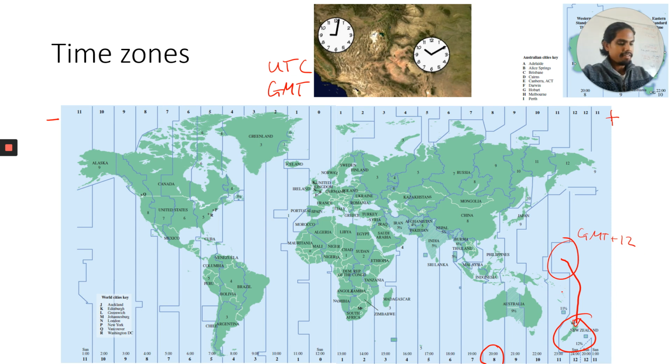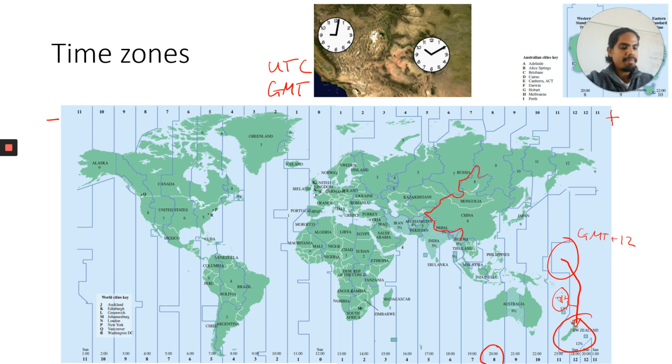But this section down here, this part of the world, even though it's getting the same amount of light at the same time of day, it is only GMT plus 11 and a half. And then we have some squiggly lines around here where it seems that the actual amount of sunlight doesn't seem to matter.